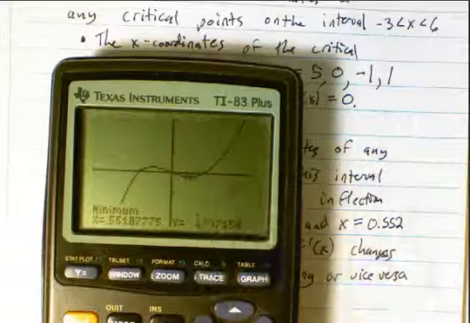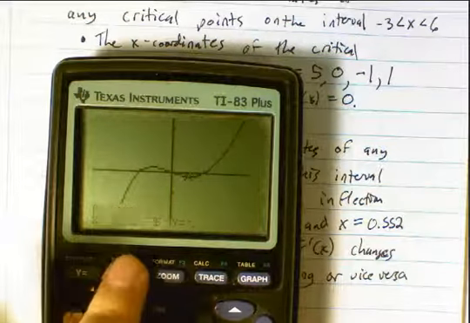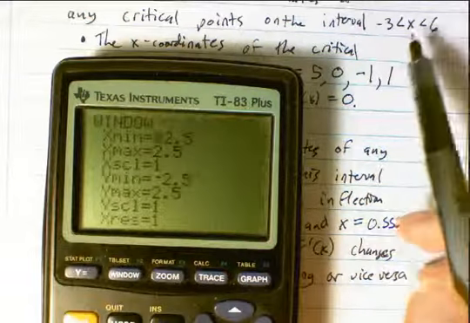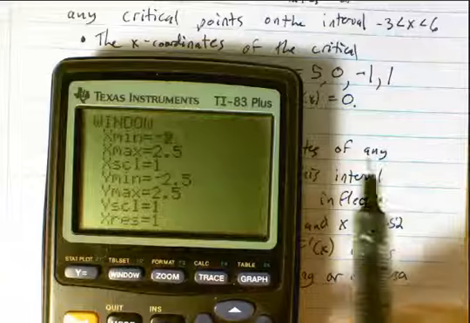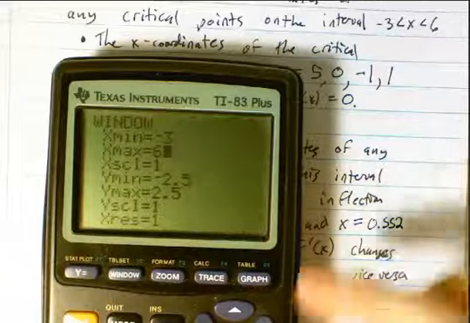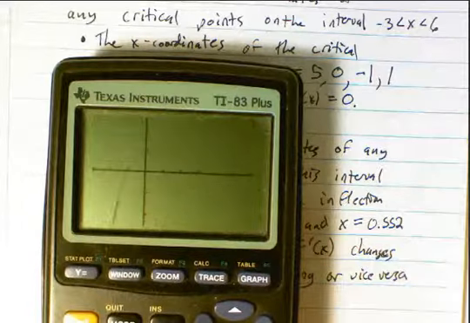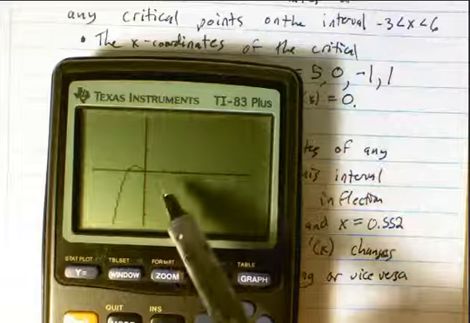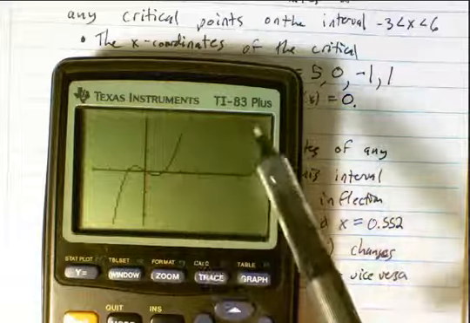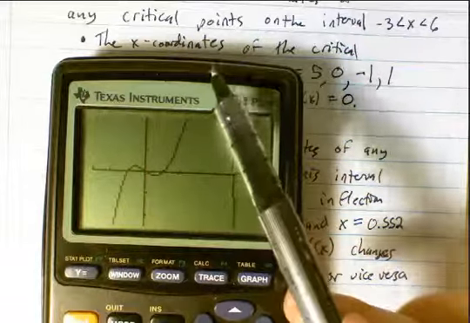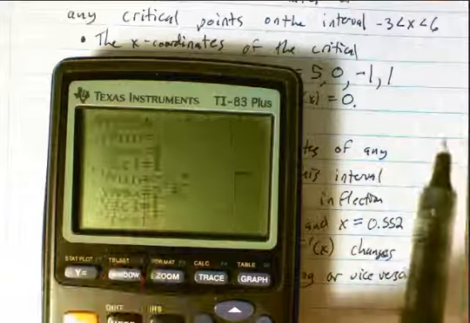Now, we have to remember that we zoomed in for this. So to check that we've gotten them all, we should really put our window back to the original interval that we wanted, -3 and 6, just to make sure that we got all of them. So we got 1, we got 2. Oh, looks like there's a third one up there. Let's zoom out our y.